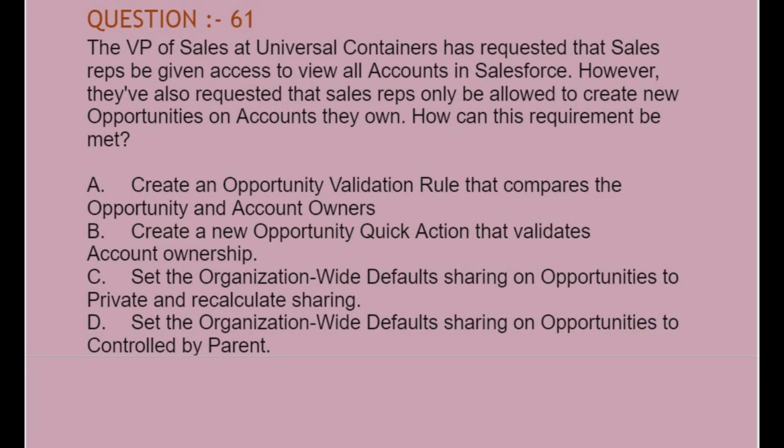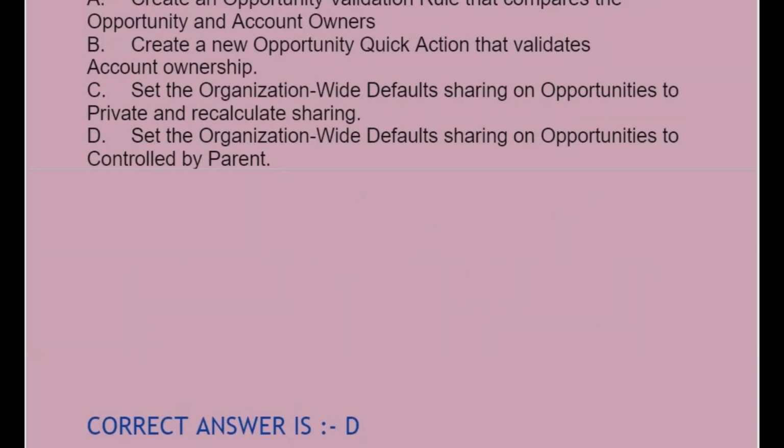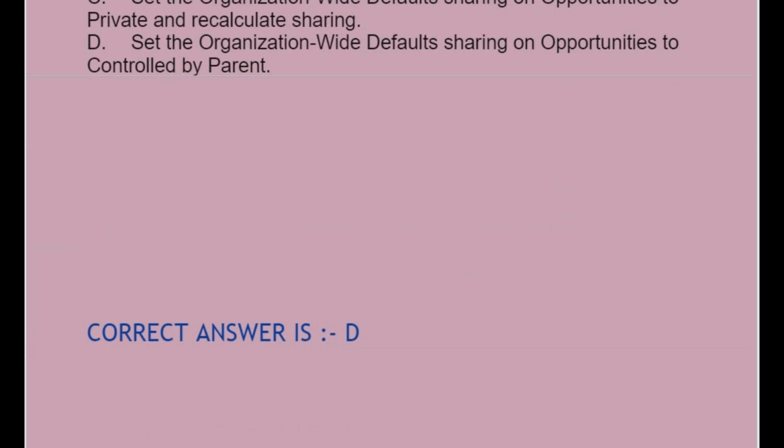Option B, create a new opportunity quick action that validates account ownership. Option C, set the organization-wide default sharing on opportunities to private and recalculate sharing. Option D, set the organization-wide default sharing on opportunities to controlled by parent. Correct answer is option D.